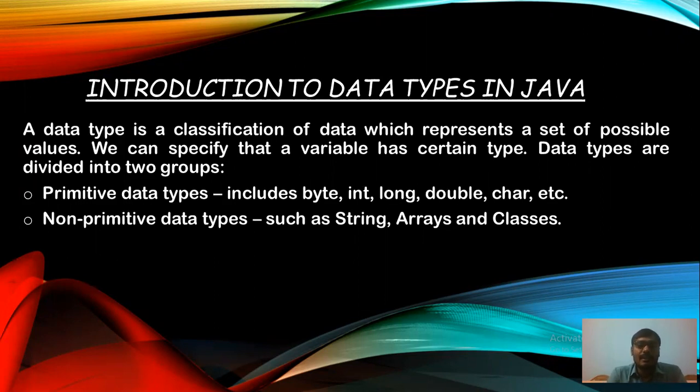Primitive data types include byte, int, long, double, char, etc. And non-primitive data types include strings, arrays, classes, etc. Primitive data types are predefined in Java, but non-primitive data types are not predefined. They are defined by the user, by the programmer.